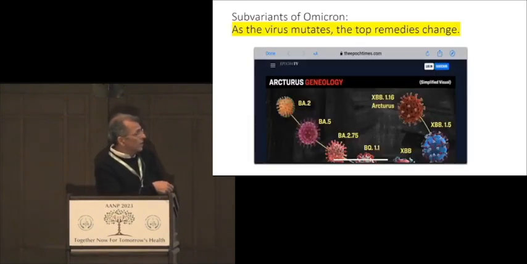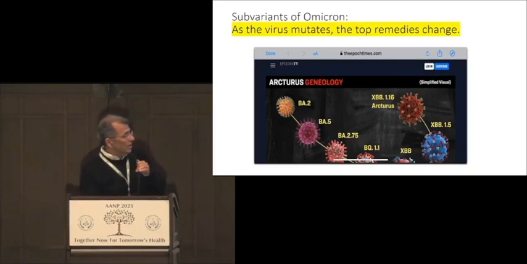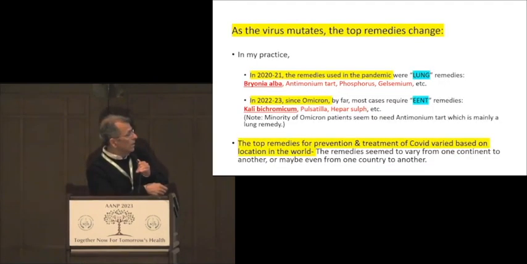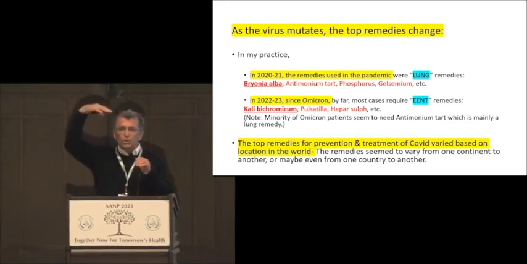As you know, the virus has been mutating. That's just Omicron, how it has mutated over the last year and a half or so. And as the virus mutates, the top remedies change. Who knows that among you? If you know it, could you raise your arms? Who has noticed that as the virus mutates, the remedies change? Not many, unfortunately.